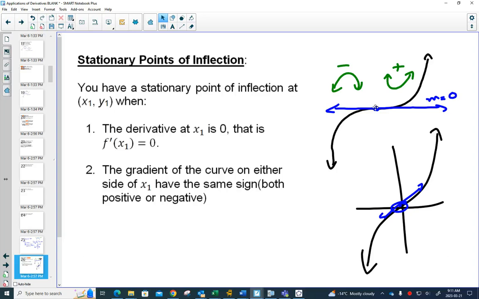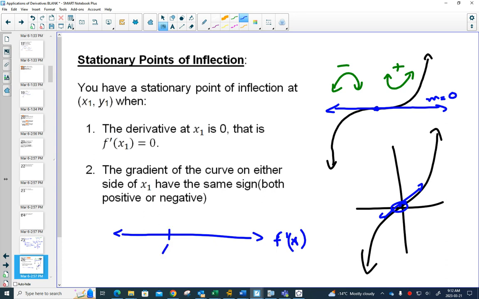But now, instead of a max or a min, if at that point we draw our number line for our derivative, and we put that point x1 on there, and as in our x cubed graph, it's increasing, then increasing again, then you would realize, oh, it can't be a max, it can't be a min. It's still a stationary point because the first derivative is equal to 0, so it must be a stationary point of inflection.